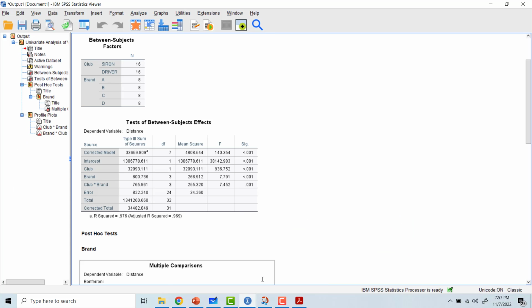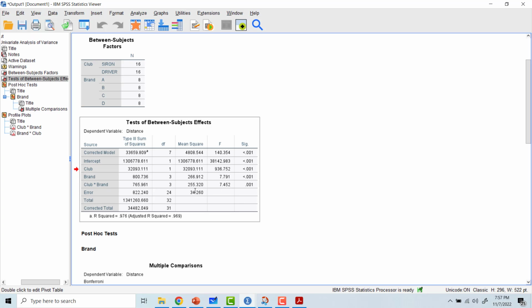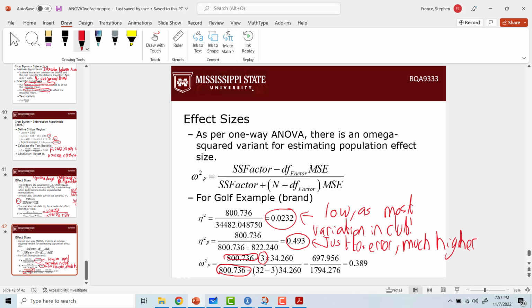The mean squared error is 34.26, plus n, our total n is 32, minus the degrees of freedom factor times the mean squared error. And that's 0.389. We're not deriving the formula, but generally this is a little lower.